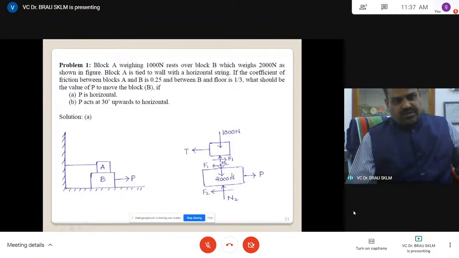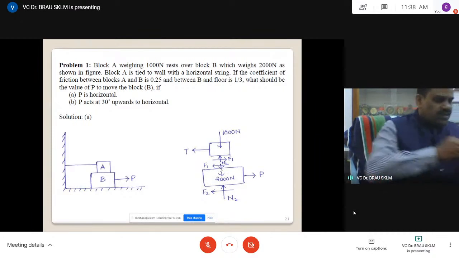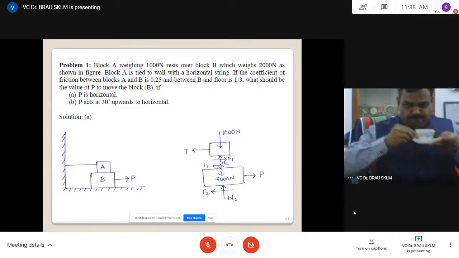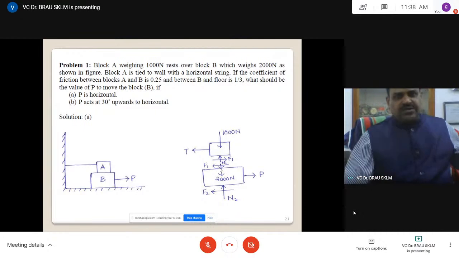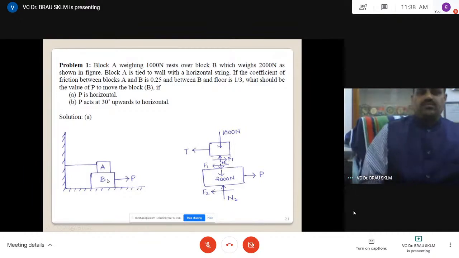Anyway, weight acting downwards, normal reaction upwards. This is the weight direction. And this is how generally we will consider the free body diagram 1 of block A and free body diagram 2 of block B. Now apply the equations.